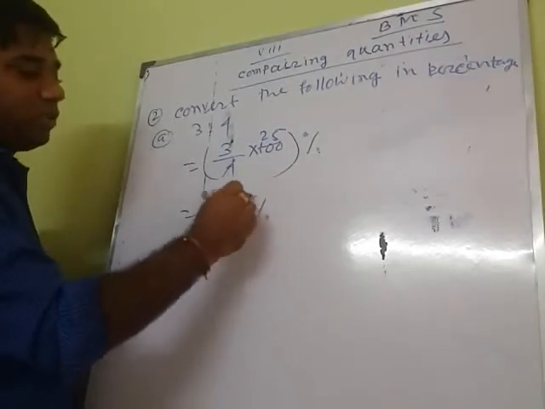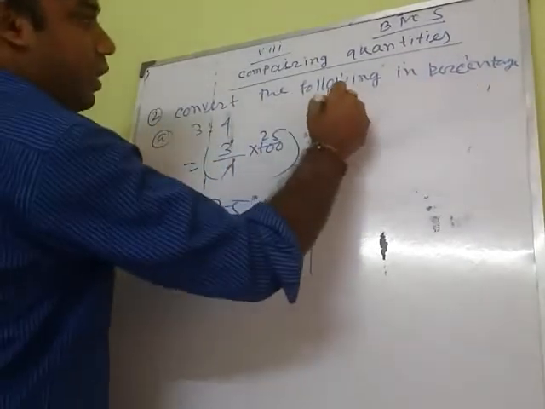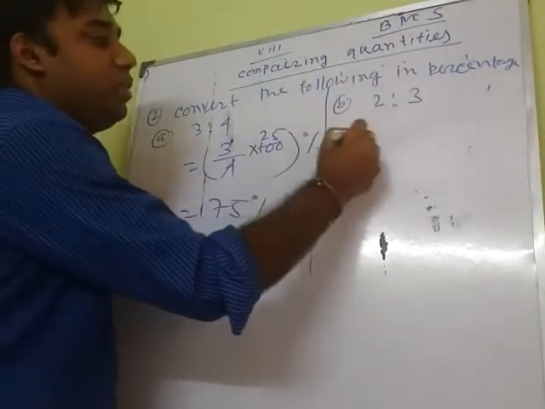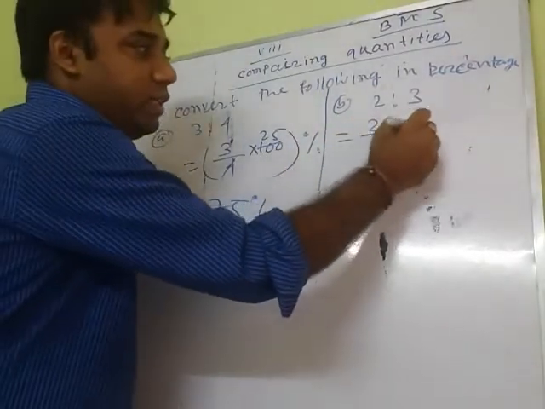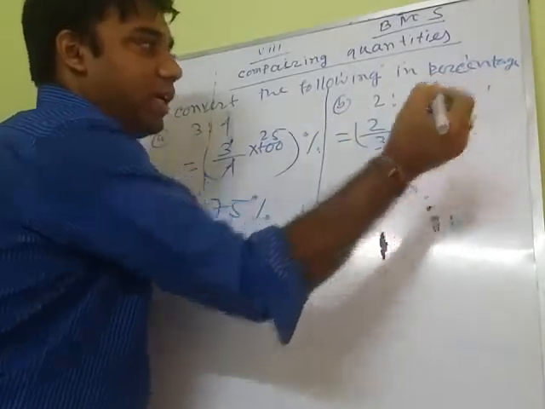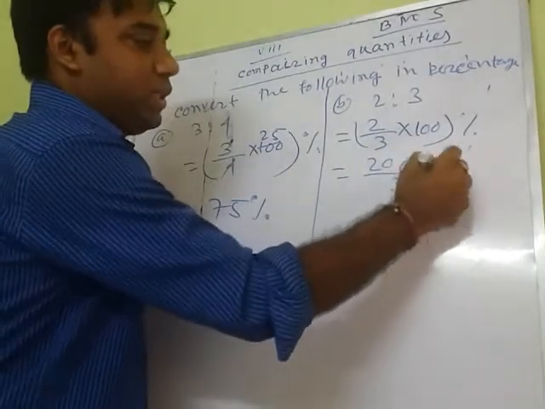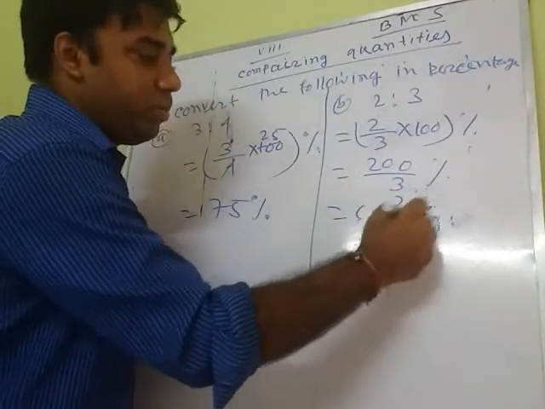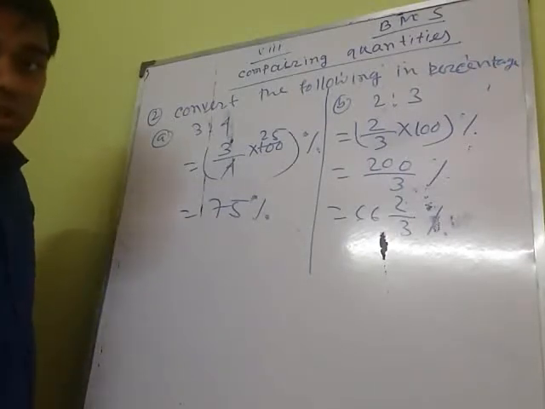Next, part B is 2:3. It can be expressed as the fraction 2/3, and by the rule, 2/3 into 100 with a percentage sign is 200/3 percent. If you divide 200/3, that will be 66 and 2/3 percent. So this is question number 2 solved.